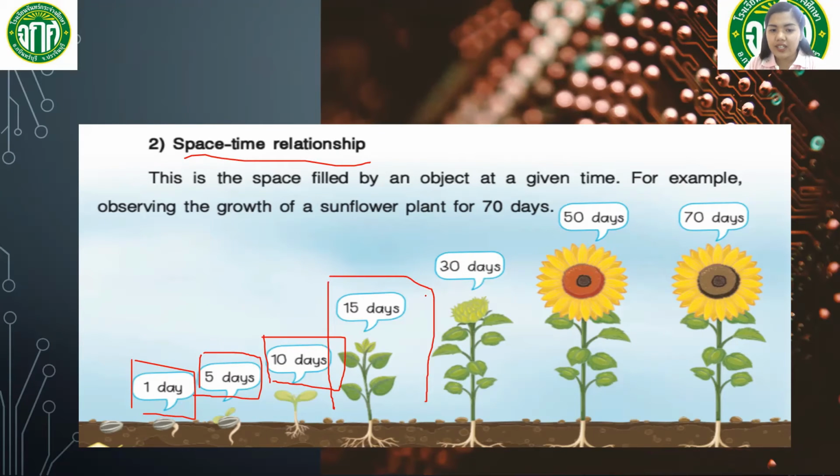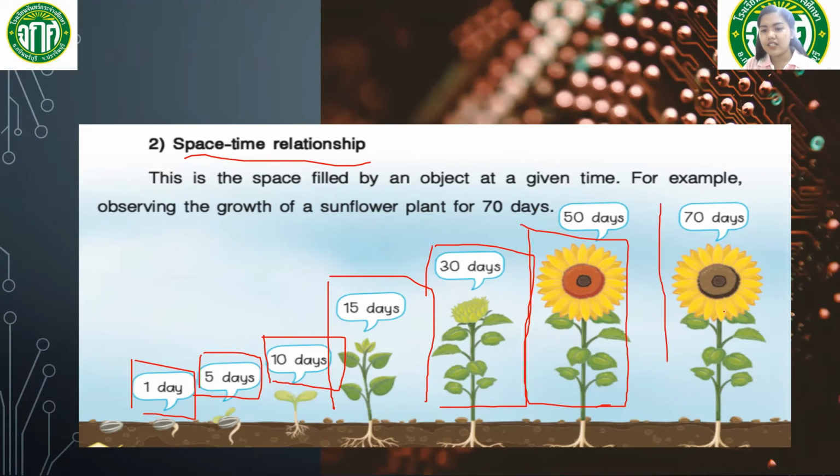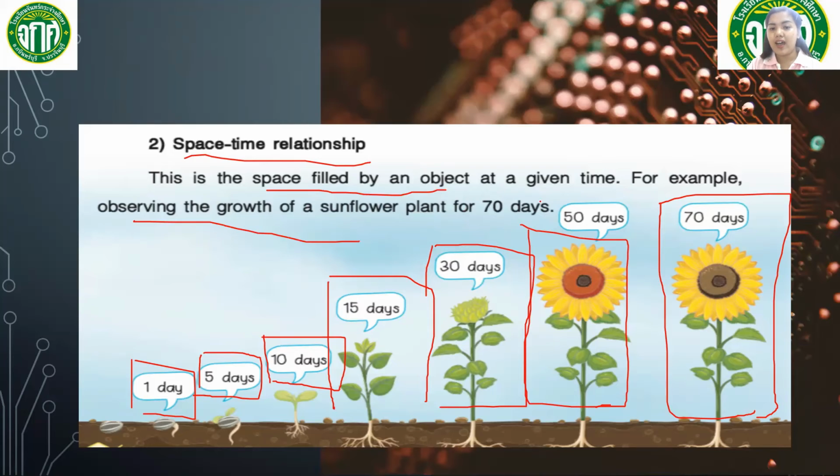In 30 days, we can see that there is already a flower that is starting to form, a bud. In 50 days, the sunflower grows bigger, and in 70 days, it is ready to harvest. So in here, we observe the growth of a sunflower. We see the space filled by the object at a given time. Okay, so that is the space-time relationship.